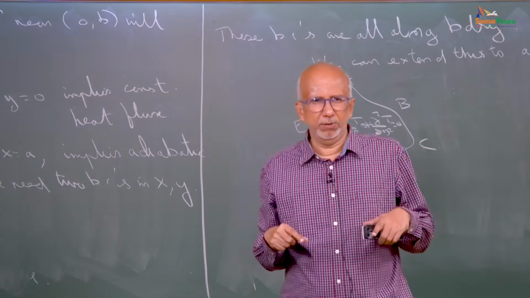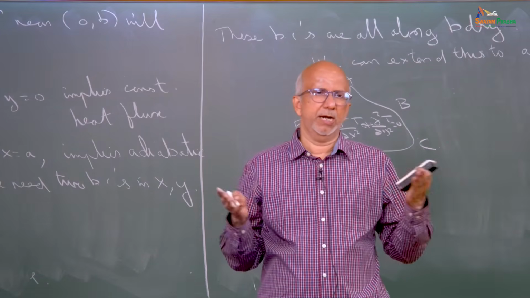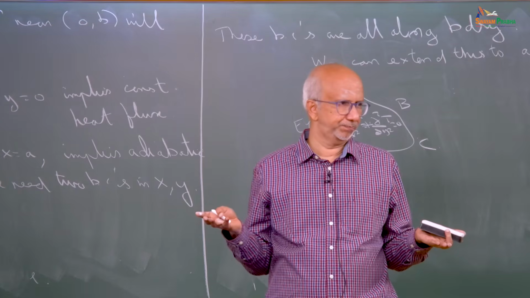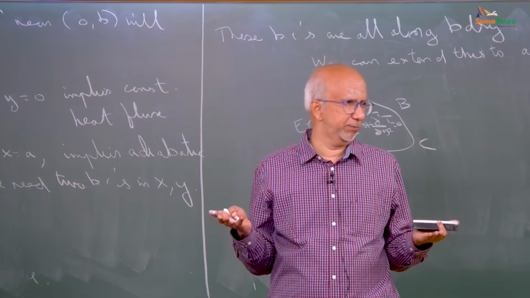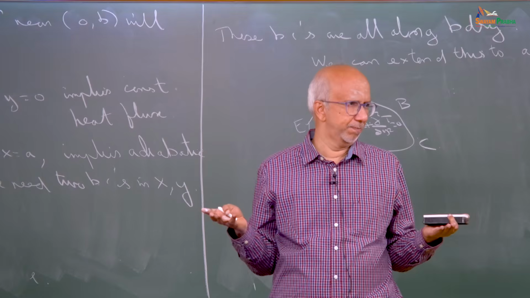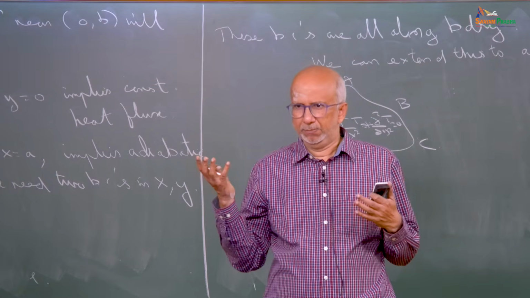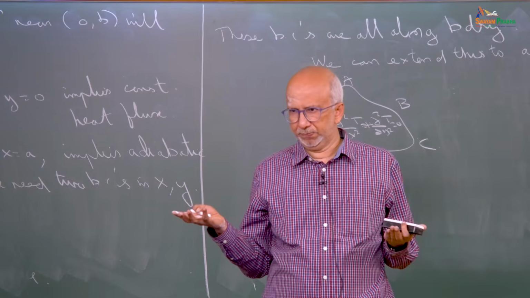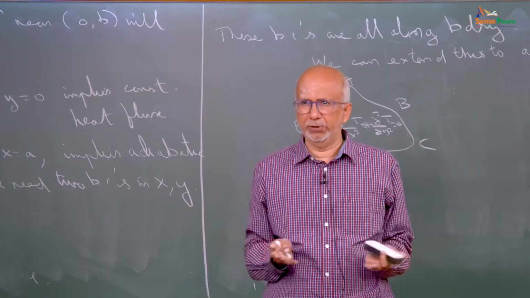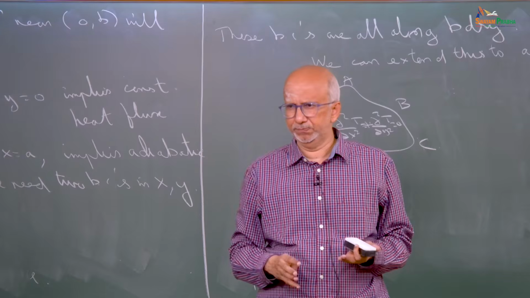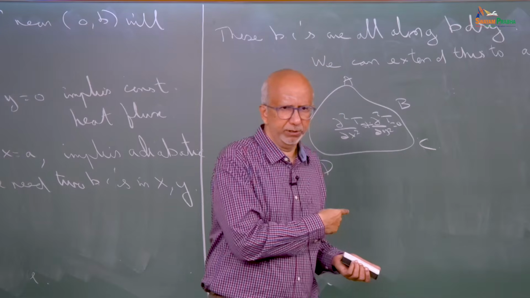The earlier problem, it was easy for you to see second order, I need two conditions in x and y, and I gave you a nice beautiful shape, a rectangle. But if I want to generalize it, basically what I am trying to do is I am specifying conditions everywhere on the boundary, either derivative or temperature, and same thing I have to do here.